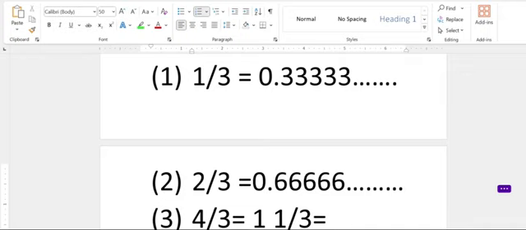Now you have 4/3, which is 1 and 1/3. Can you tell me the decimal expansion of one whole number, 1/3? I'm expecting you to type your answer in the comment section.